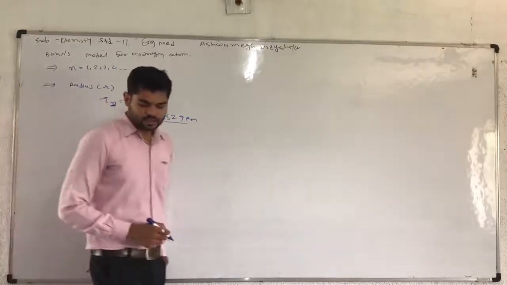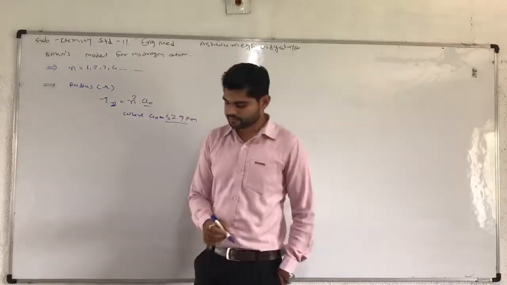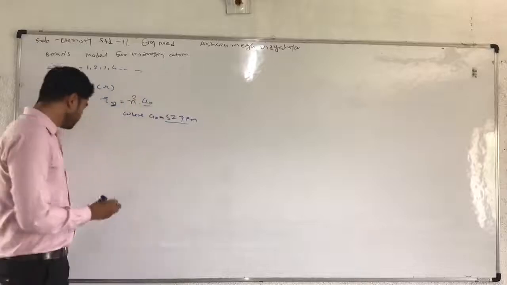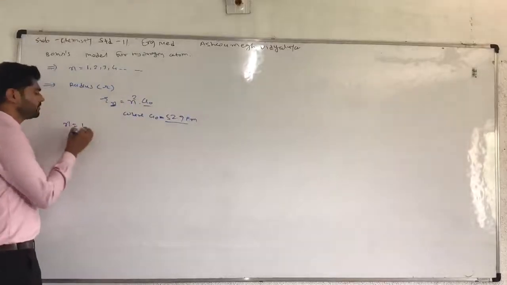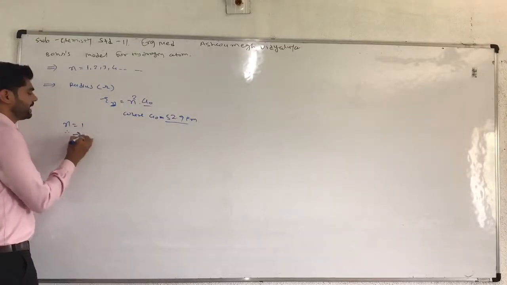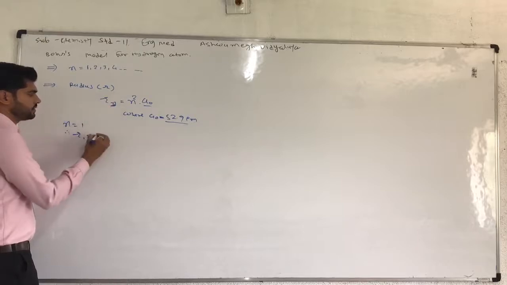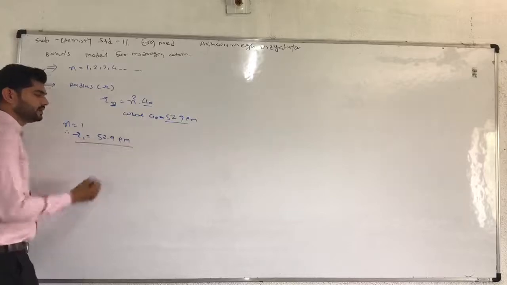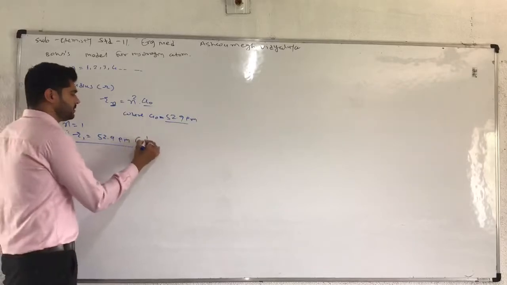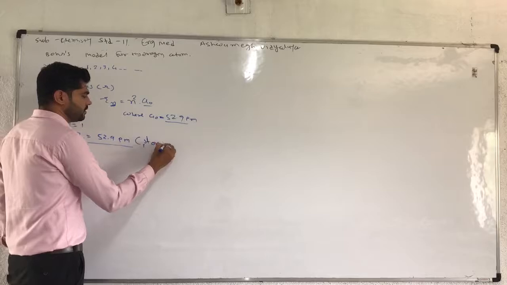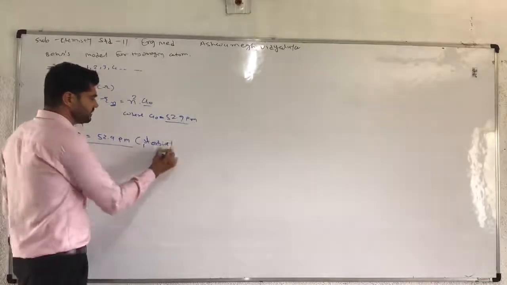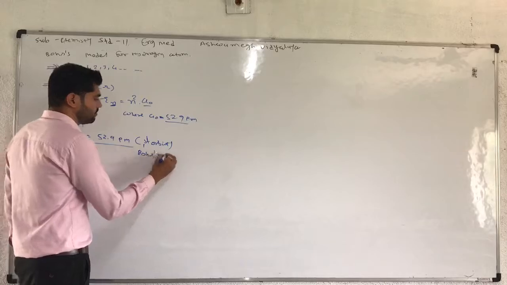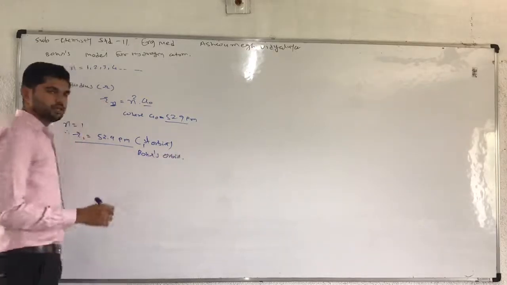So for n equal to 1, R1 is equal to 52.9 picometers, and the first orbit is known as Bohr's orbit.